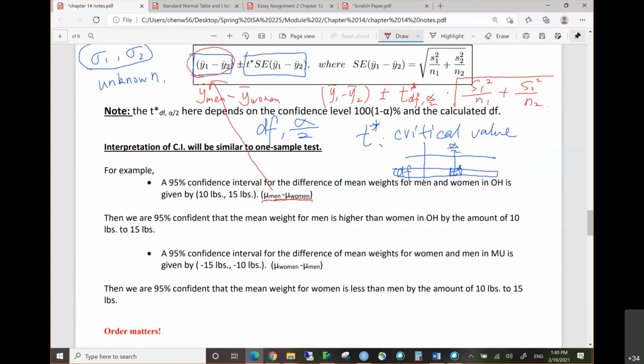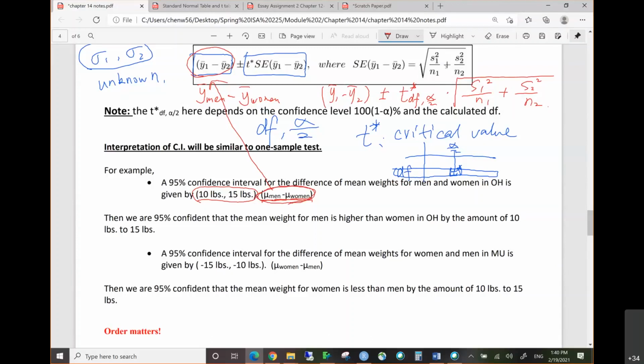So for example, if I got a 95% confidence interval for men minus women, which is 10 pounds to 15 pounds, how can you interpret your confidence interval? We do not really care about the difference itself. We care about which one is larger and larger by what amount.